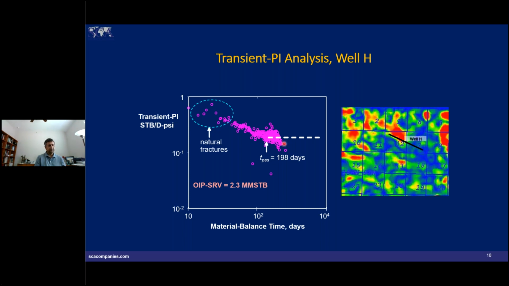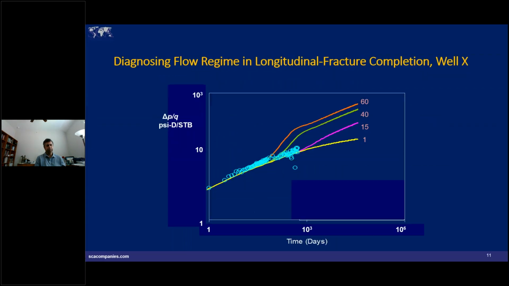And if this is contained within one or so log scale, then it signifies that we have a natural fracture system, which is corroborated by the seismic response in this case. So the in-place volume number that we get agrees, generally speaking, with what we are estimating with other methods.